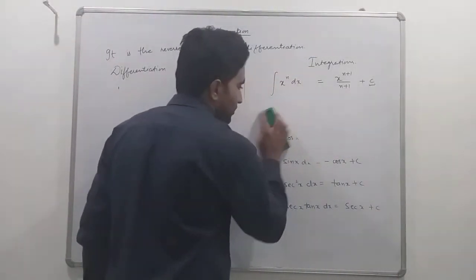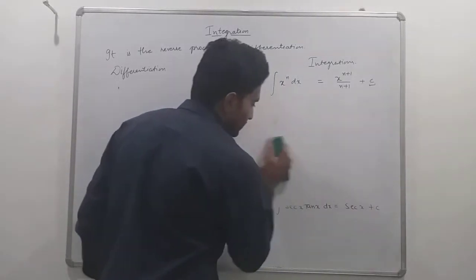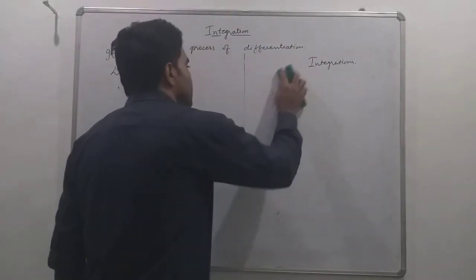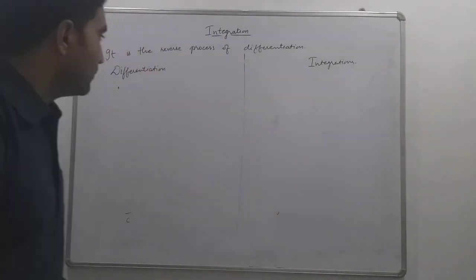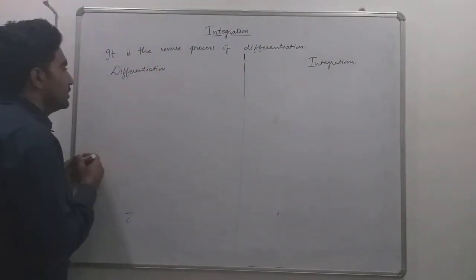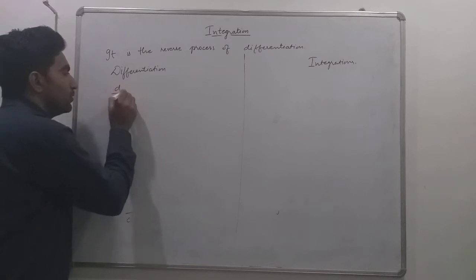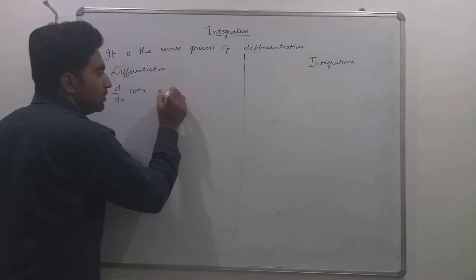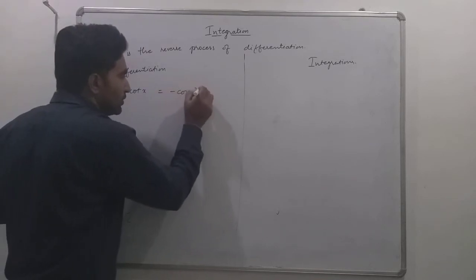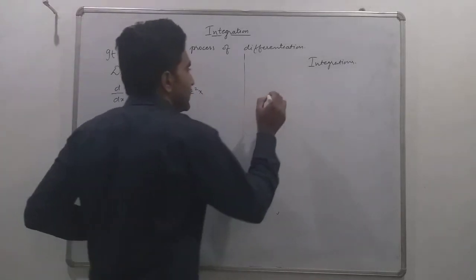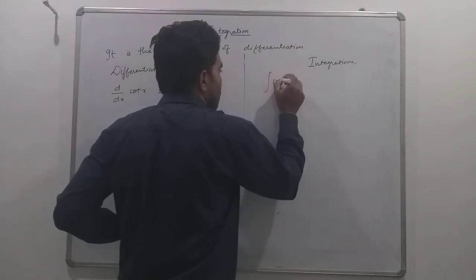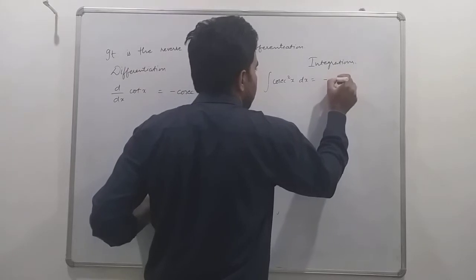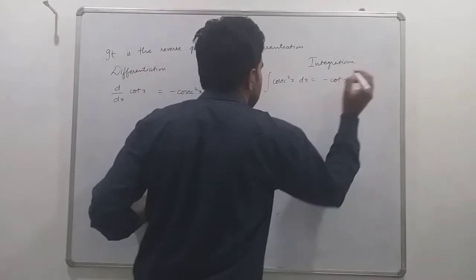We have some more integrations of functions like cosecant and cot of x. Differentiation of cot of x is equal to minus cosecant square x. Okay, and the integration of cosecant square x dx will be equal to minus cot of x plus c.